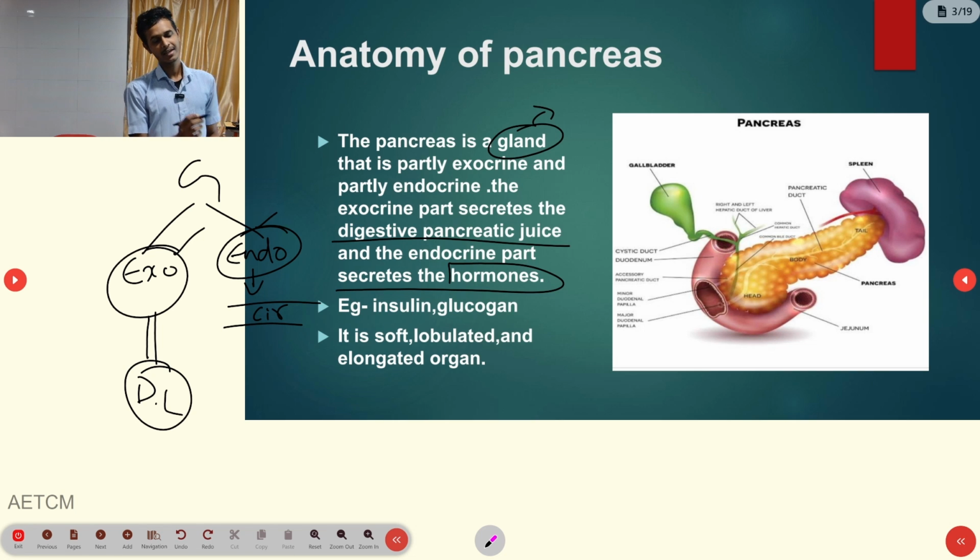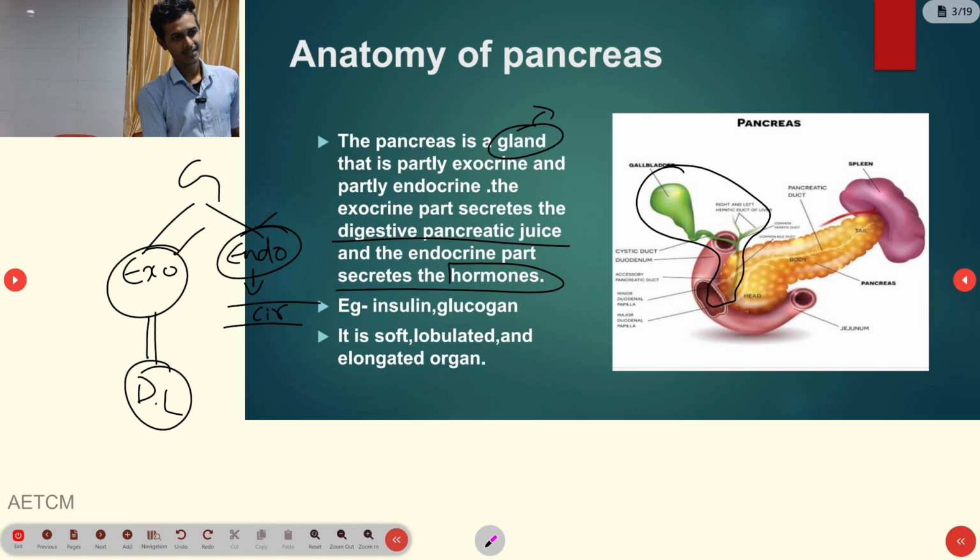Again, in this image you can see the part we already discussed, right? This green portion is the biliary tract. Near that biliary tract we have the opening of the pancreatic duct. Remember one thing: whenever a problem arises in the biliary tract, or whenever a problem arises in the pancreas, there is a higher chance of the other part also being affected. If cholecystitis or cholelithiasis happens, that is a problem in the biliary tract alone, right?